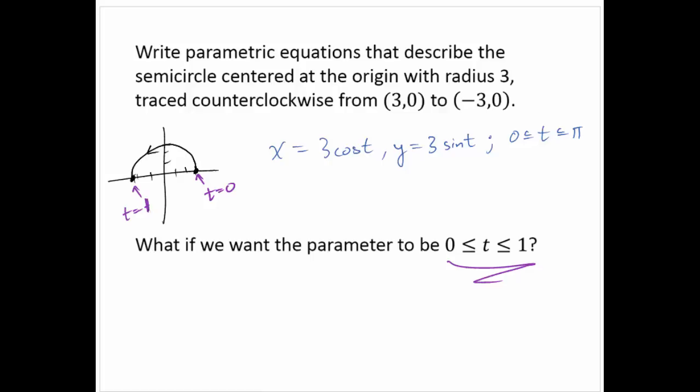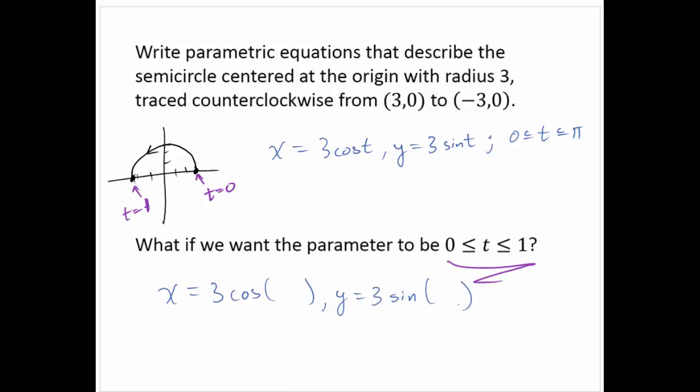So how do we get halfway around the circle in 1 second rather than pi seconds? All we do there is change the argument of the function. Instead of a t, we need to change that to something else. So what do we change it to?